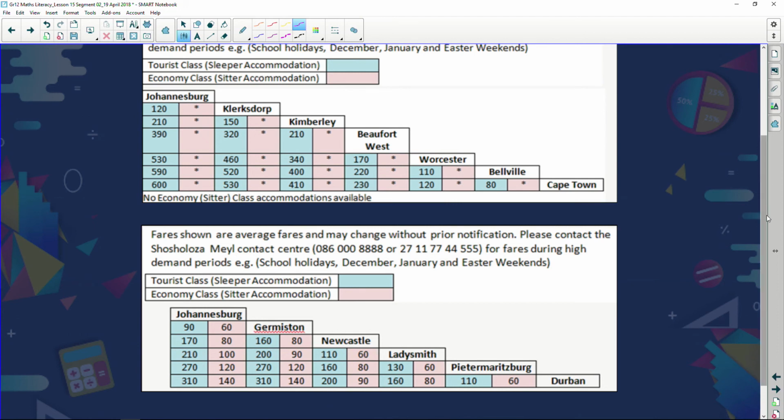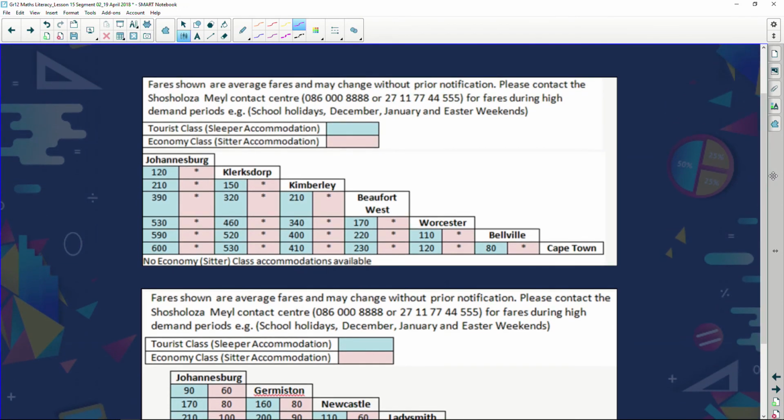So first of all, we worked out that we have got to travel between Cape Town and Joburg. So Cape Town to Joburg is 600 Rand, and that is going to be tourist class. When we go to Joburg, we're going to pay 600, and when we come back from Joburg, we're also going to pay 600 Rand.